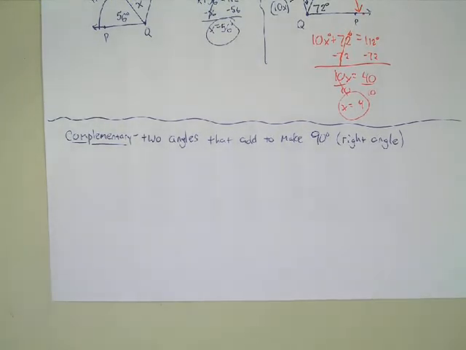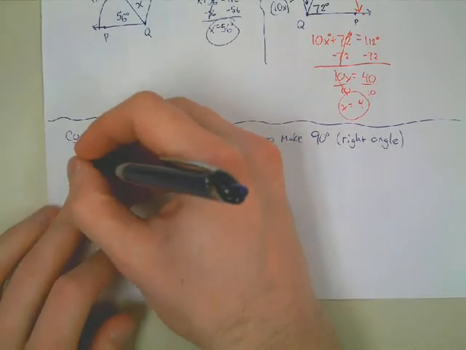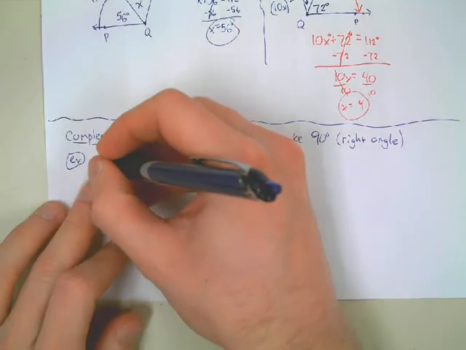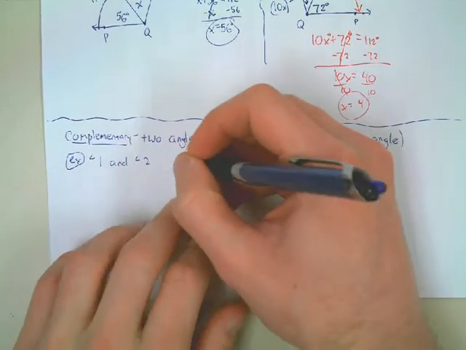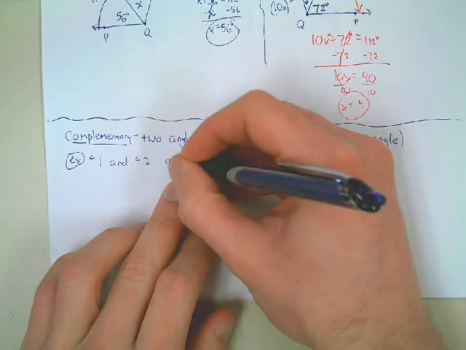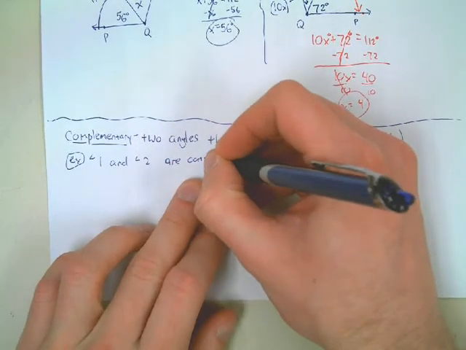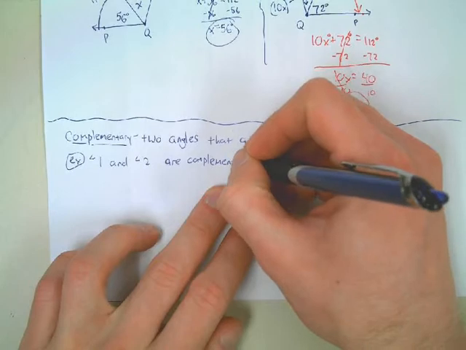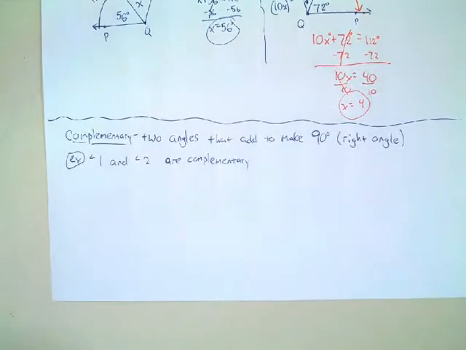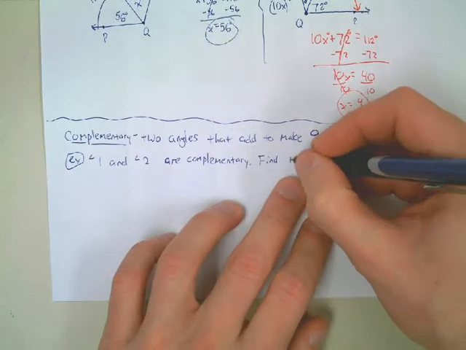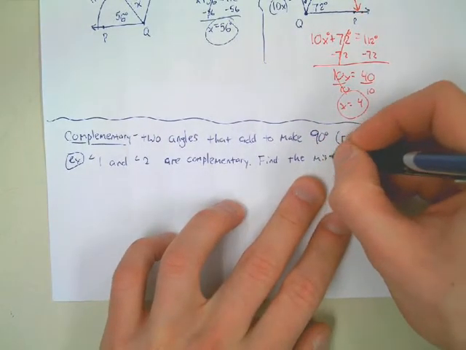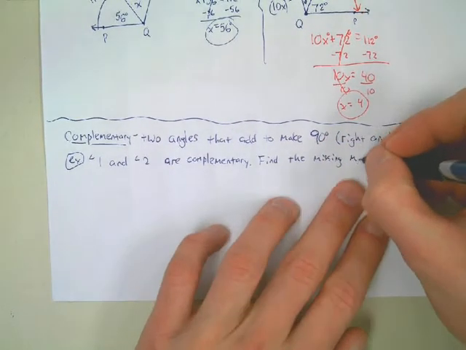All right, so let's just do an example with that. Let's say that angle 1 and angle 2, for our examples here, are going to be our complementary. Find the missing measure. Okay, so those are our directions.